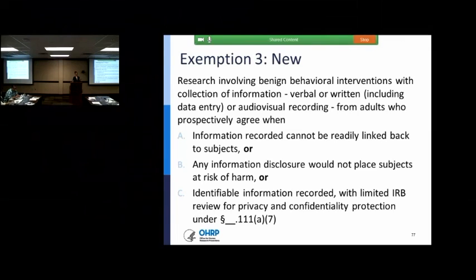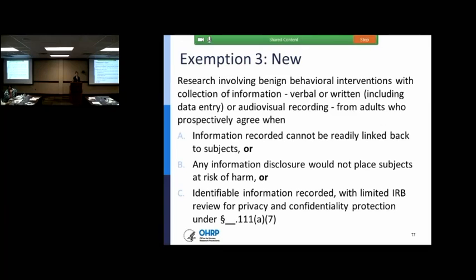So it would be okay if you are identifiable, if the investigators did a limited IRB review to ensure that the appropriate privacy protections are in place. So the idea is that it's okay to have this identifiable information, as long as appropriate measures are being taken to prevent disclosure or breach of confidentiality.